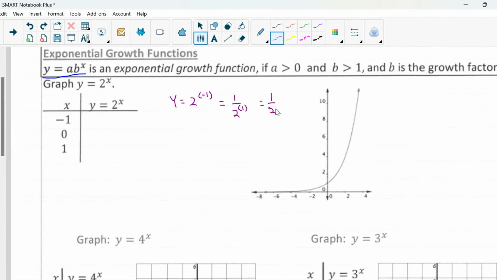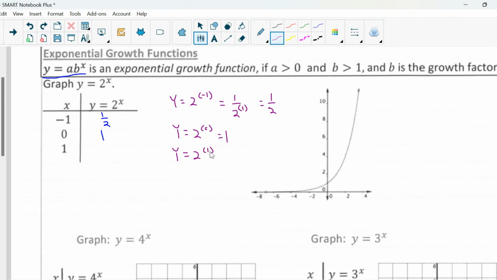And this is going to turn into 1/2. For 0, remember, anything to the 0 power is just going to give us 1. So 2 to the 0 power is 1. And remember, anything to the first power is itself.